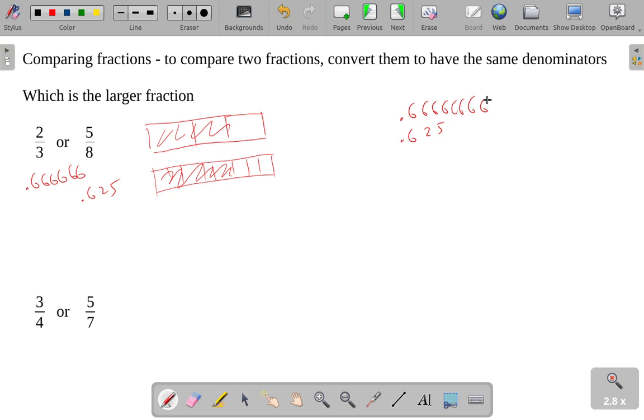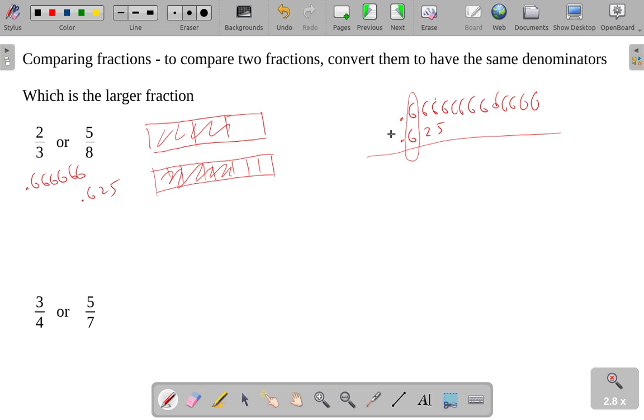To compare these, you may look at all the sixes and say, oh, that's a big number, it just keeps going forever. But actually, these bits here get smaller and smaller as it goes along. If you want to tell which one of these is bigger, you need to compare them one place at a time.